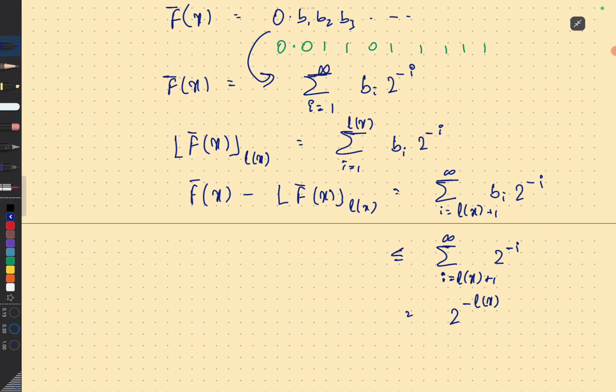If this is a prefix of this quantity, then which of these two numbers would be larger? The second one would have to be larger. Okay, but you agree with that. So this quantity should obviously be greater than or equal to 0. But what can I say? Can I give an upper bound on this particular quantity? Correct. So this should be less than or equal to 2 to the power minus L of x. Do you all agree with this point?